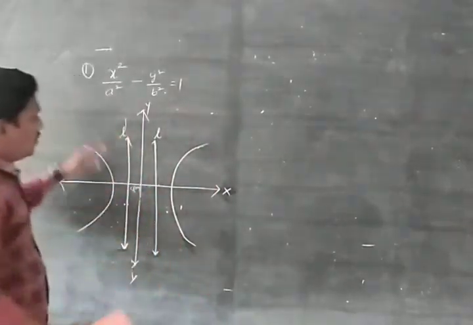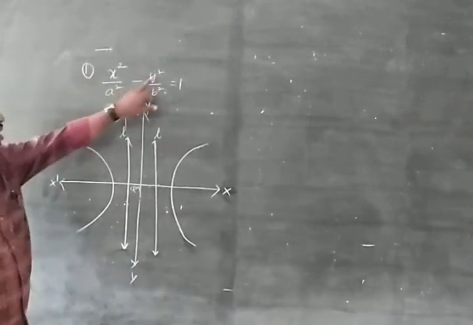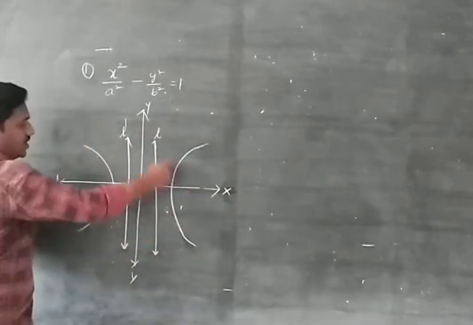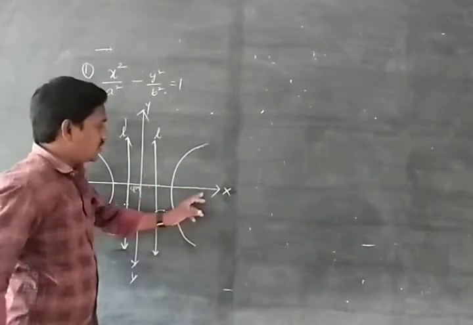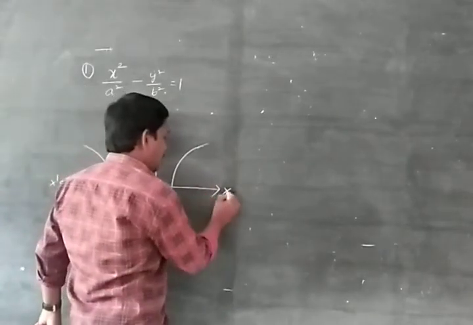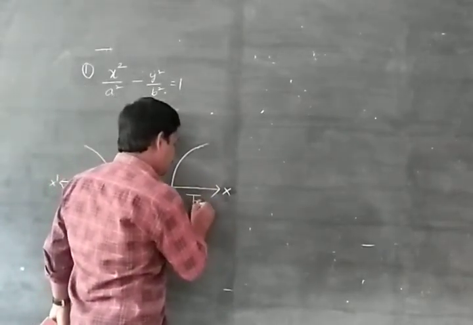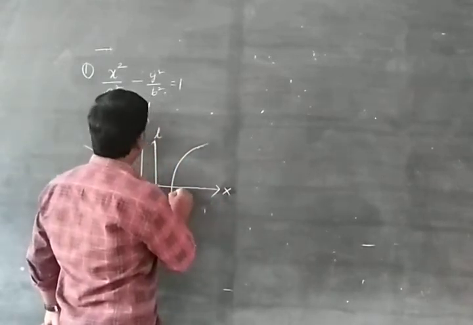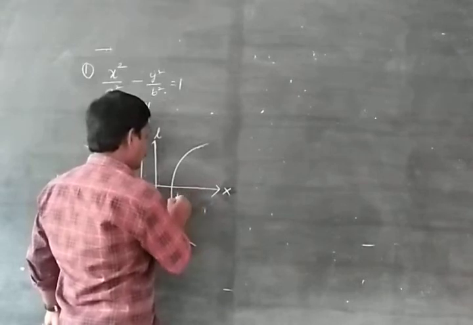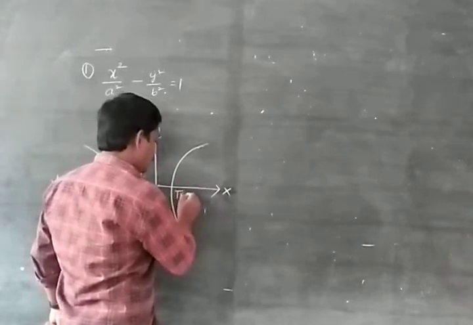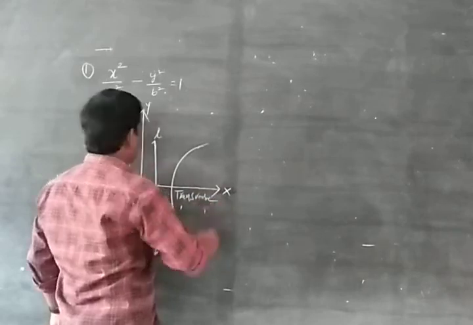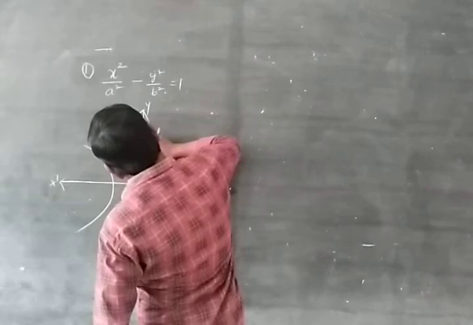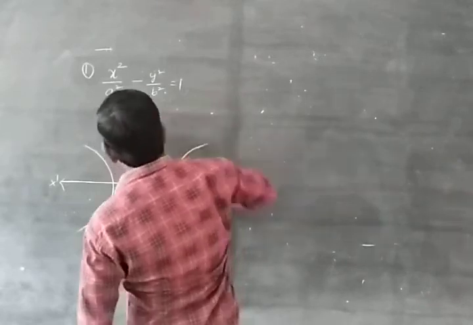This is the form of x square by a square minus y square by b square equal to 1. This is x dash. This is the transverse axis, and this is the conjugate axis.